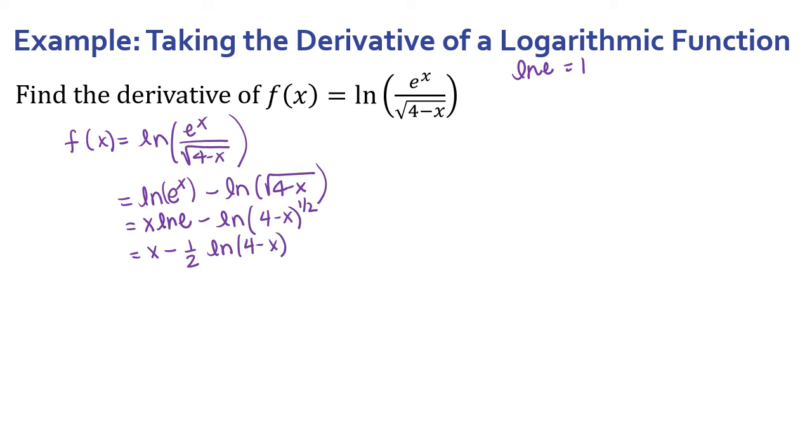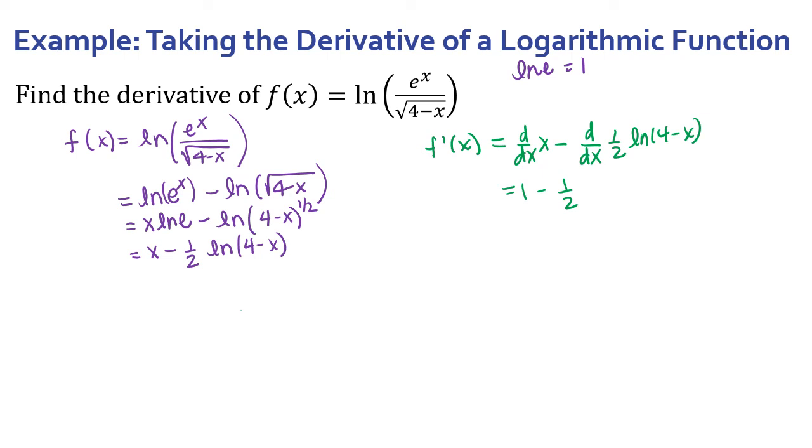Okay, so now that we've simplified this out, we can actually go through and take that derivative. So the derivative of the function is going to be the derivative of that first piece minus the derivative of the second piece. All right, so this first one is just 1. Sweet. Okay, I'm going to move that 1/2 out front.